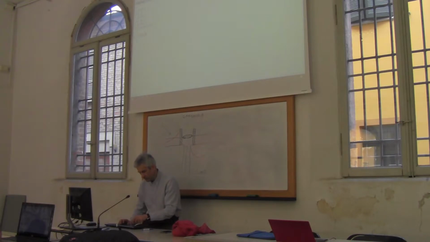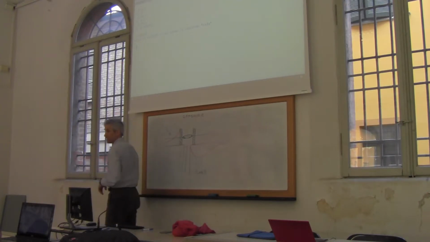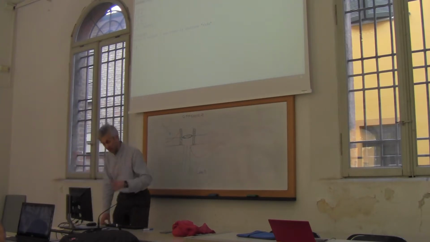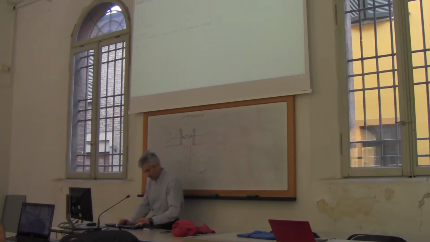So let me try this. Okay, so basically here I used a function that doesn't exist, and therefore I finally succeeded in generating a mistake. So first of all, let me use the correct function. Okay.